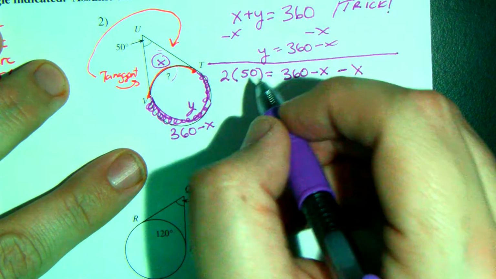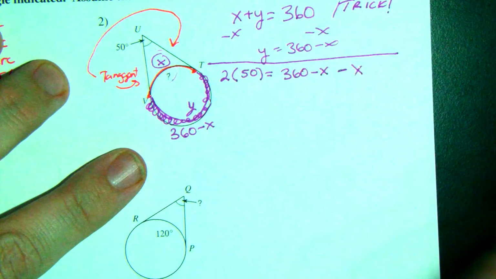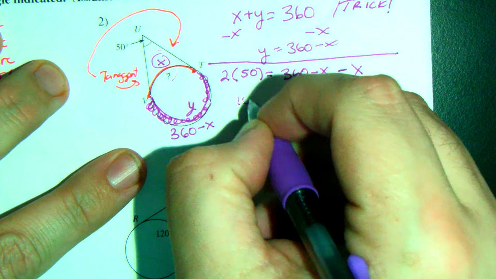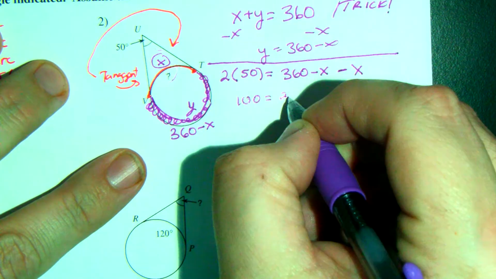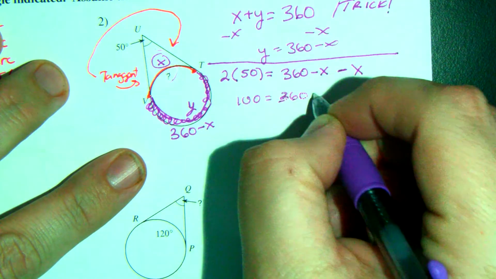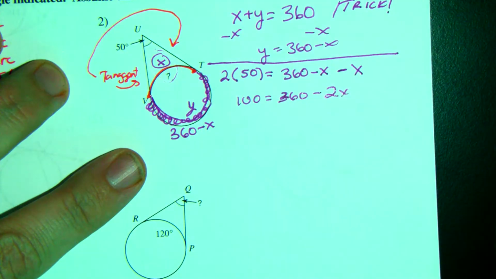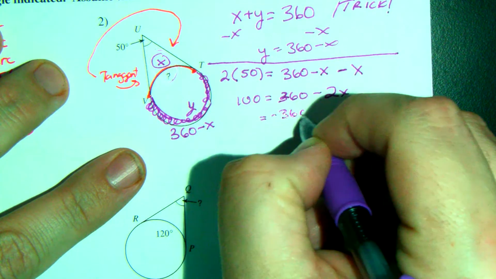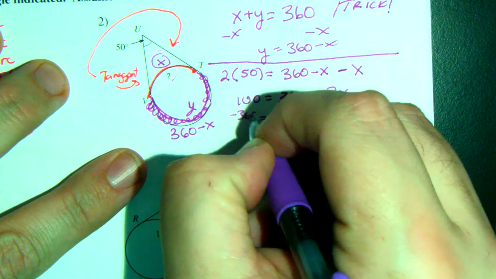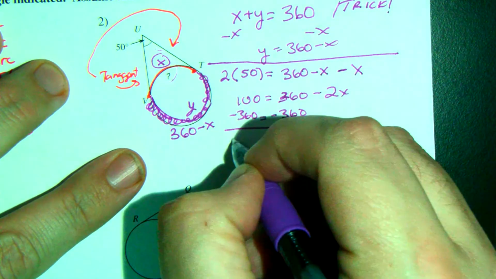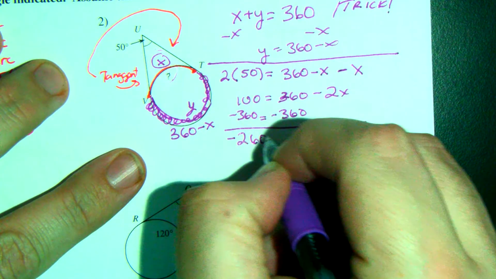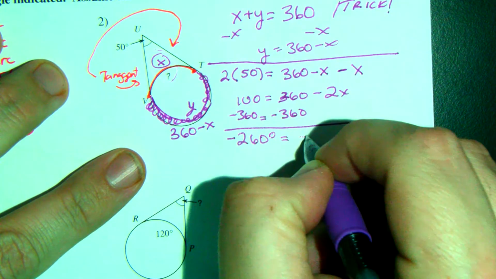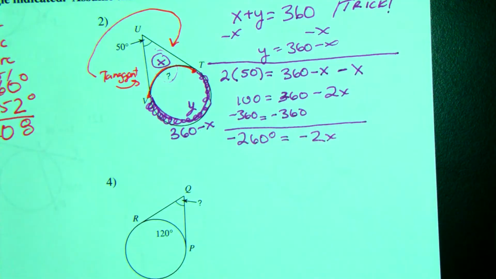I have 360 there minus 2x. Now, since we're not afraid of negative numbers, minus 360 from both sides, negative 260 is equal to negative 2x. Now, if it's negative on both sides, does the negative matter at all? Not at all. That's why we're not afraid of negative numbers.